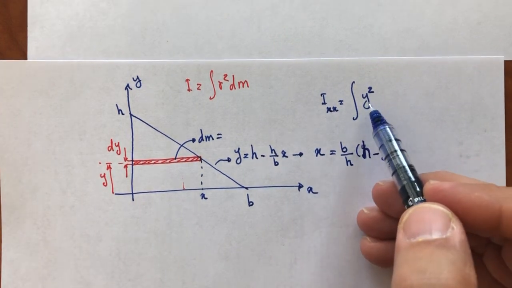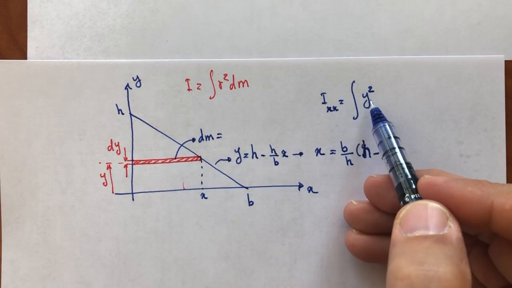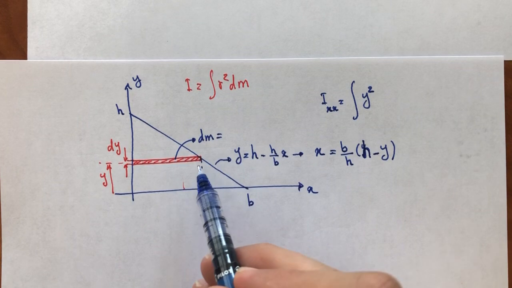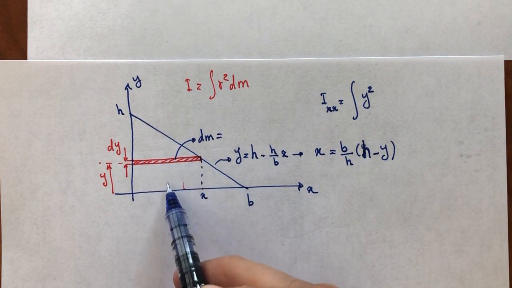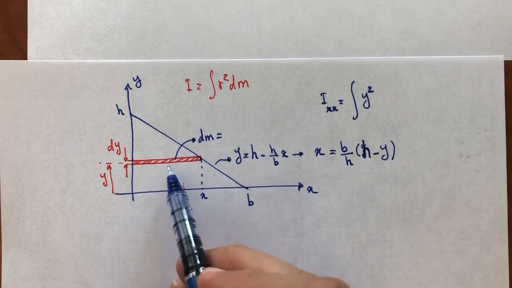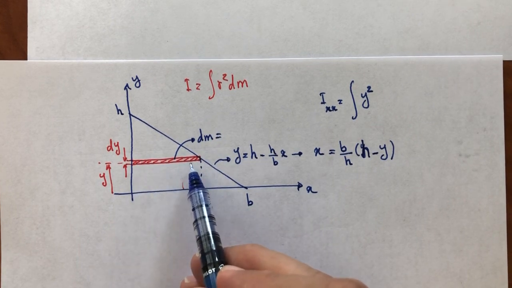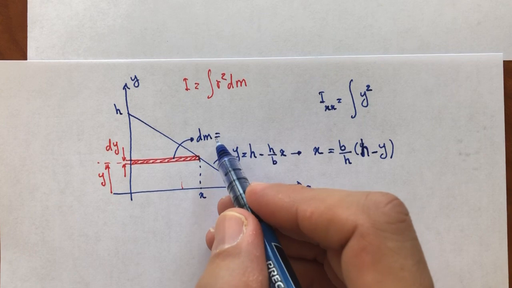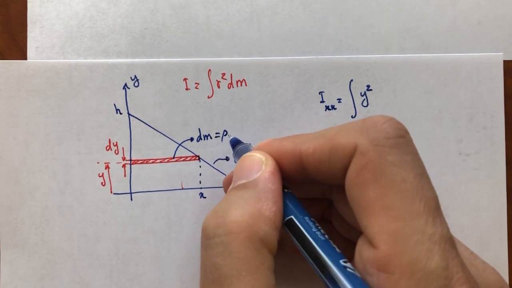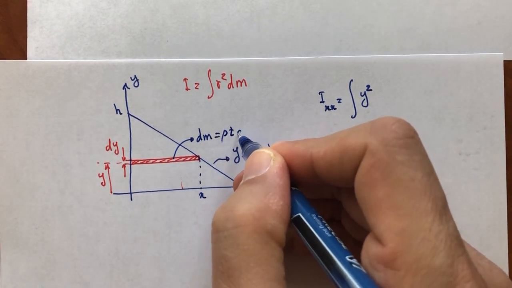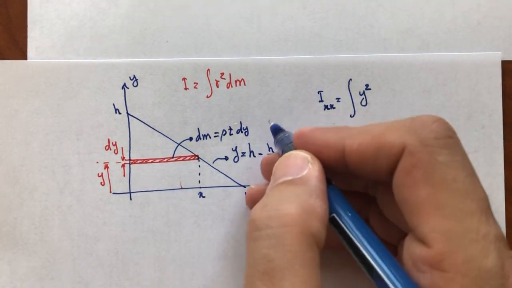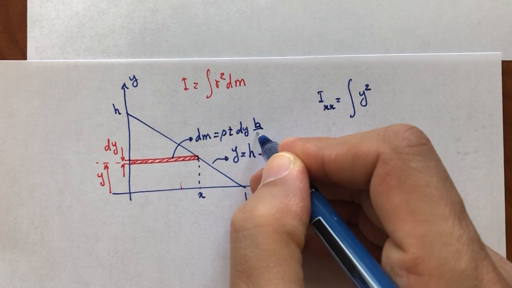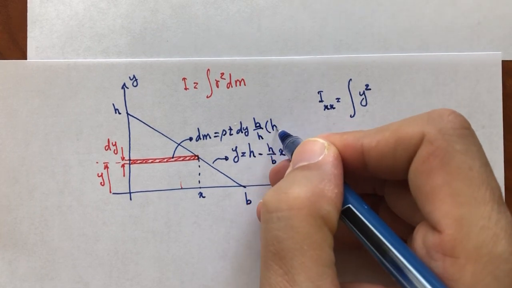So going back to the problem, Ixx is equal to the integral of r squared, where r is the distance of the points on this element from the x-axis, which is y, times dm. And dm is equal to rho times t times dy times this length, which is b over h times (h minus y).